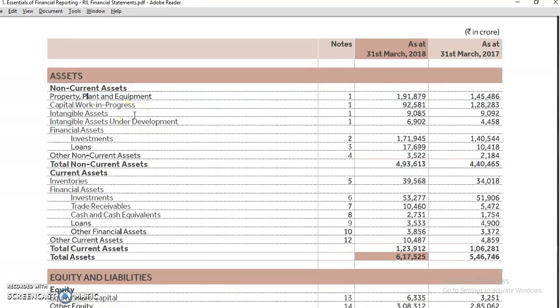Intangible assets means assets or rights or patents which you cannot see physically. They are not tangible. You cannot touch them or feel them, but they are your rights. Most of the time, intangible assets include your goodwill, your patents, your brand value, your trademarks.